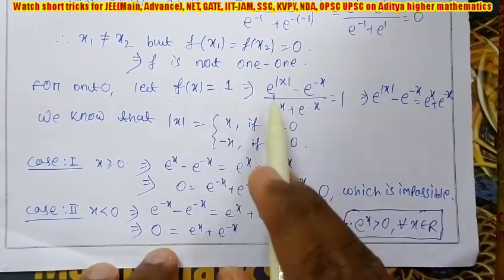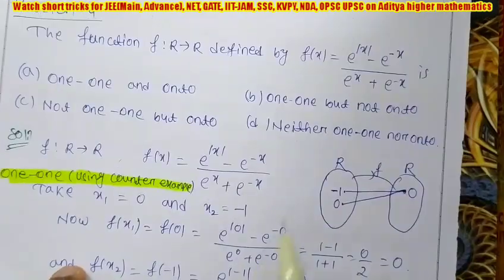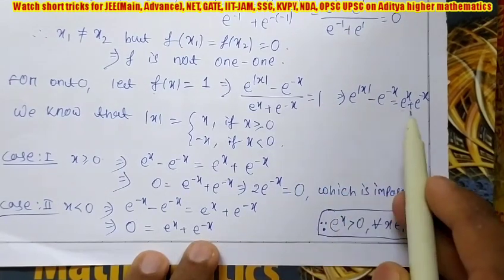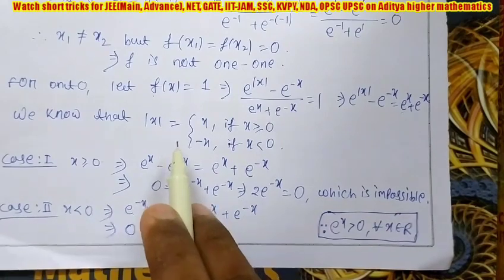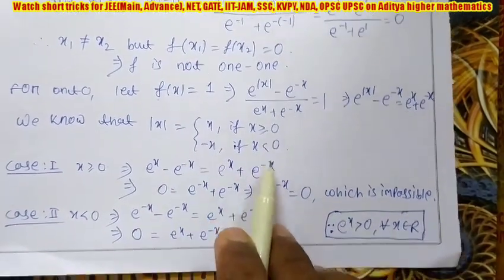So use the value of f(x). Now f(x) is given, and I am putting it there. Nothing difficult. Now multiply the right side, you will get like this. Now use the value of mod x. You know that mod x value is x if x is non-negative and minus x if x is negative.